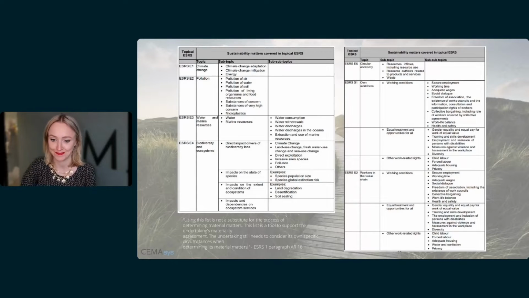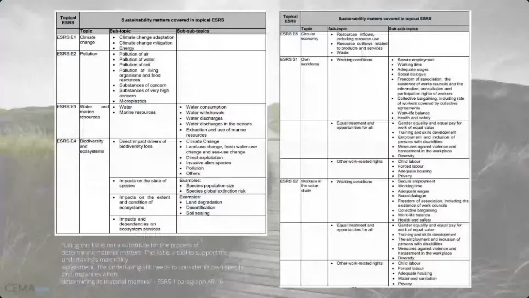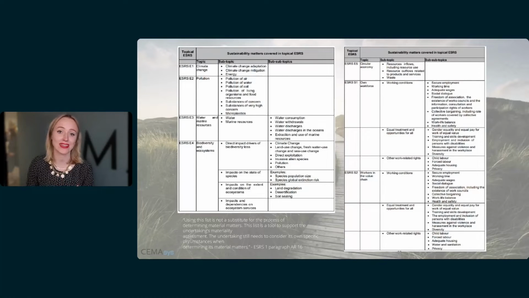I also want to mention this little text at the bottom: using this list is not a substitute for the process of determining material matters. This list is a tool to support the undertaking's materiality assessment, meaning you still need to do your own analysis as well, even if this is a very good starting point.